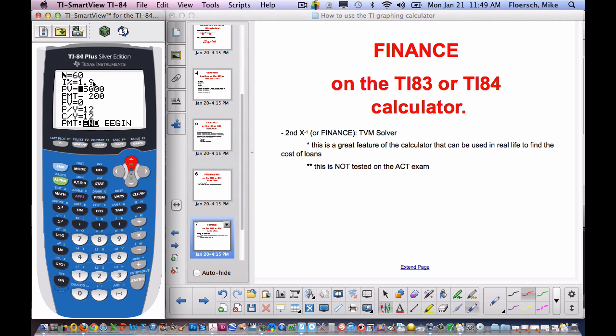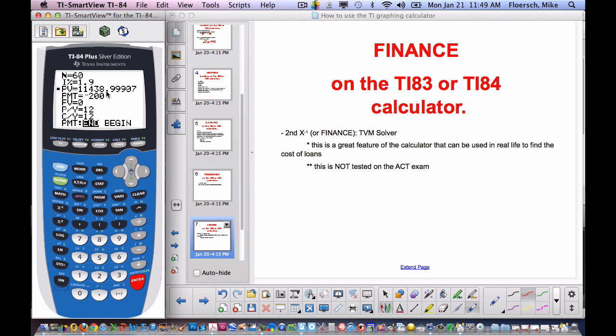Let's say it's 1.9% and you're still getting a 5-year loan. Now I go back, highlight principal value, hit alpha, enter or solve, and it tells me I can actually afford, for $200 a month, $11,438.99, or basically an $11,439 loan or a car.